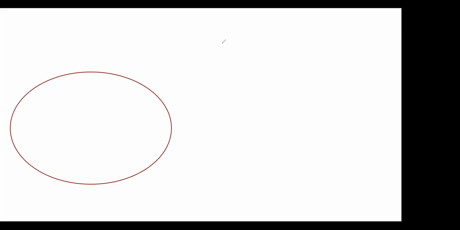One of them is here, and it cuts the ellipse into two equal halves. There's another one that is perpendicular to the previous one, and it also cuts the ellipse into two equal halves.